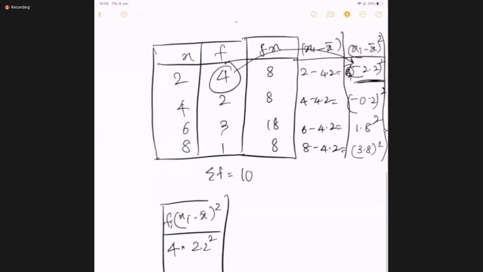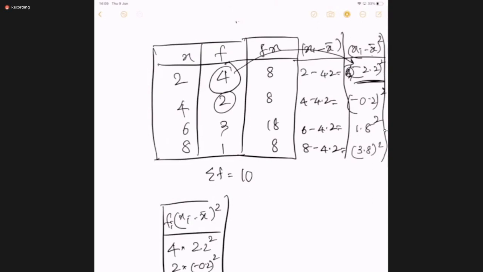The second value is 2 times minus 0.2 squared. Here you will get only positive values because the xi minus x bar squared column contains only positive values.